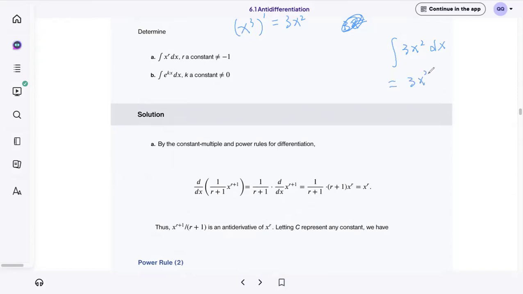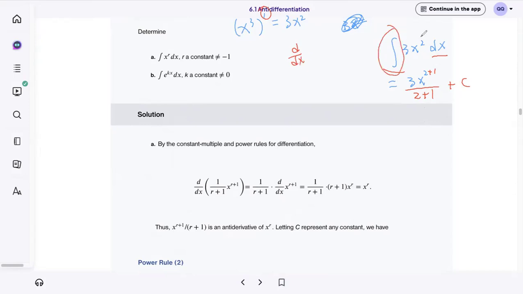We rewrite this one with plus 1 to the exponent. We add 1 to the exponent. We divide by the new exponent. Then we plus c. So we use this pair to represent the anti-differentiation. Right? We use this prime for d/dx to represent the differentiation.